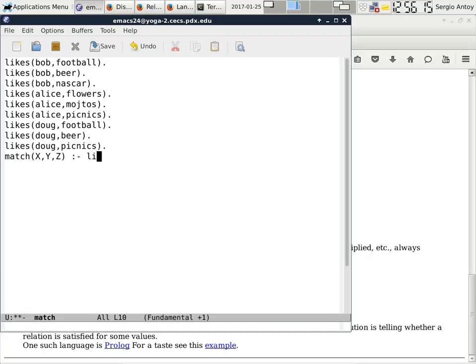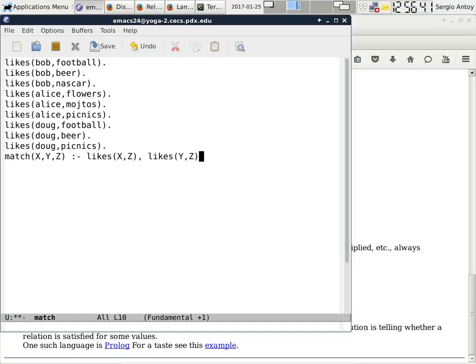If likes X, Z, and likes Y, Z. So here, what's going to happen? We pick the two people that like the same thing, and so this is a potential match. So far, so good?